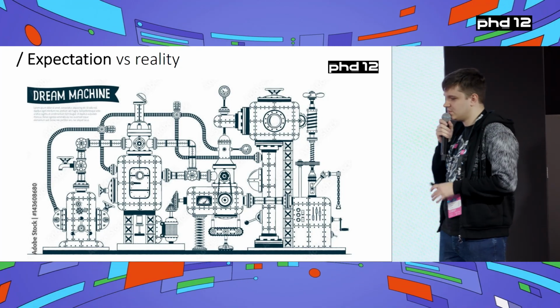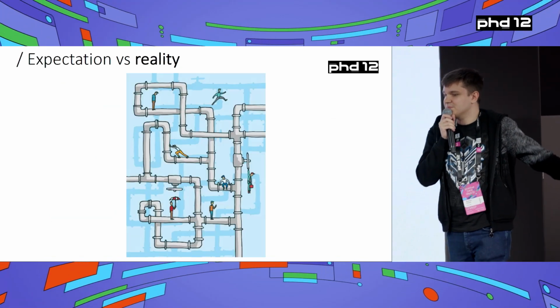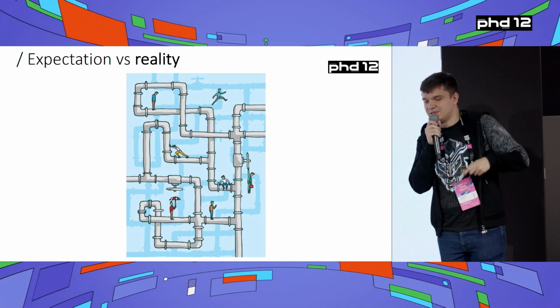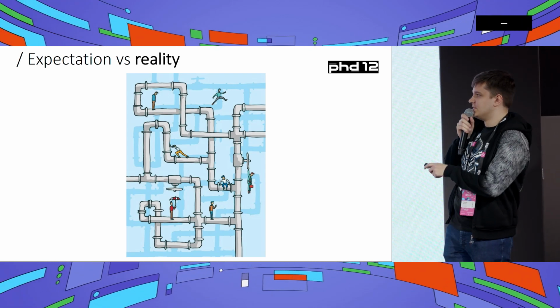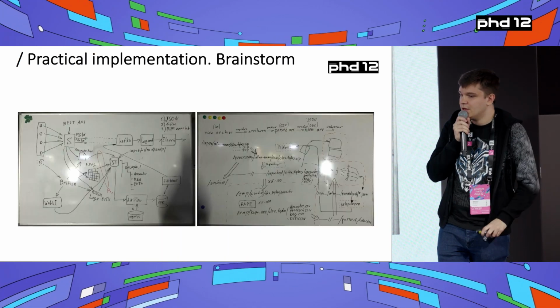Okay, some ideal example, ideal conveyor. Here you can have some issues.